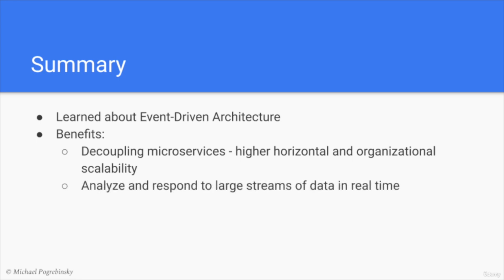Additionally, event-driven architecture allows us to analyze and respond to large streams of data in real time. We also learned about two very useful and powerful architectural patterns within event-driven architecture. The first one was event sourcing, which allowed us to store and audit the current state of a business entity by only appending immutable events and replaying them when we need to.